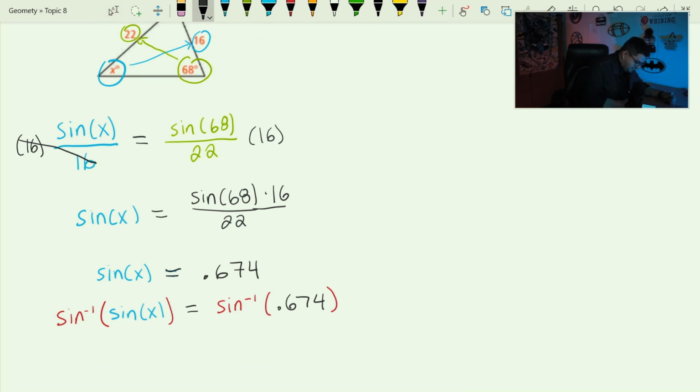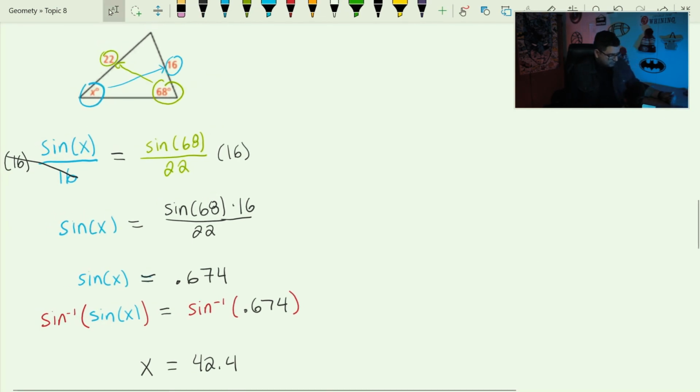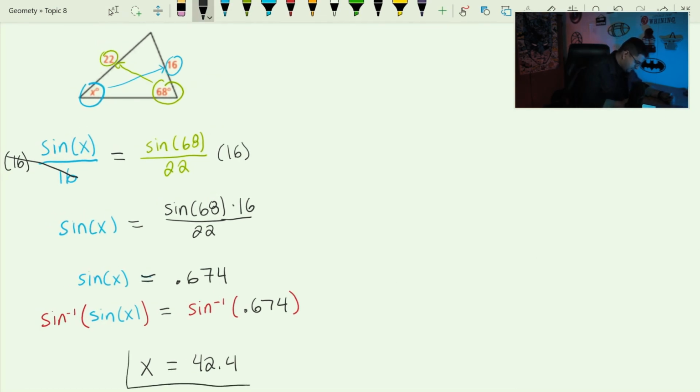So on the left side we get x. On the right side, if you do that correctly in your calculator, you end up getting 42.4, which is our missing angle. And that's how we use the law of sines to find our missing angle from a triangle.